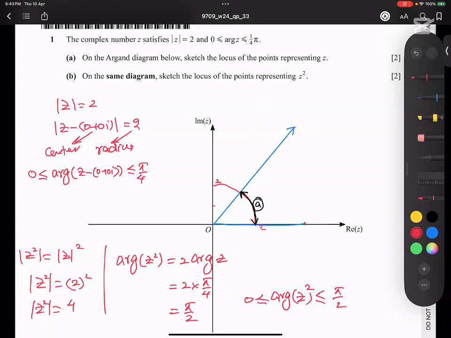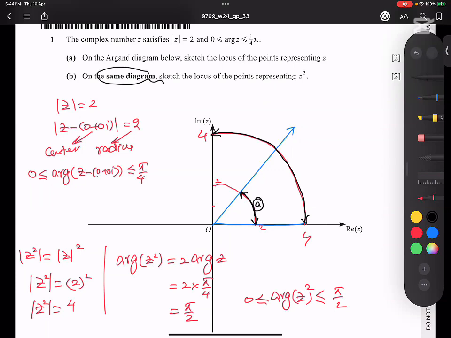So if we have a black line for the first part, now we have a black line for this circle of radius 4, and this is complete. The logic is very clear, because this black line is our answer.